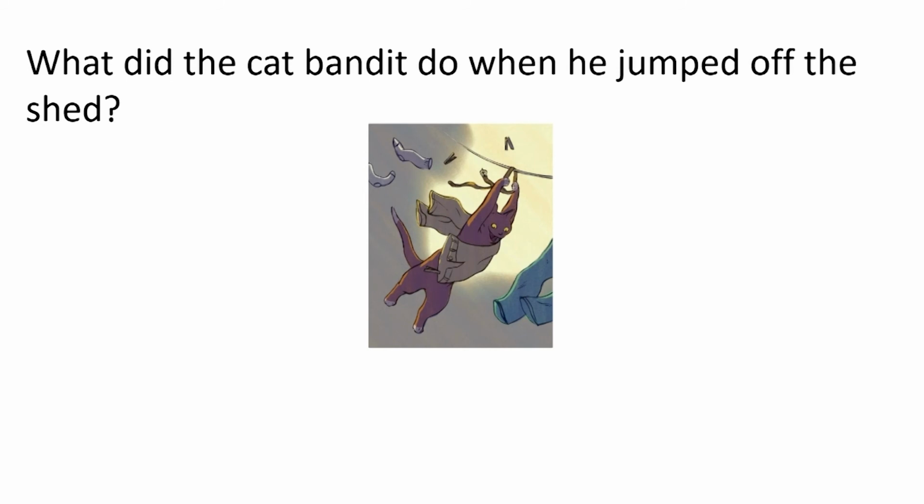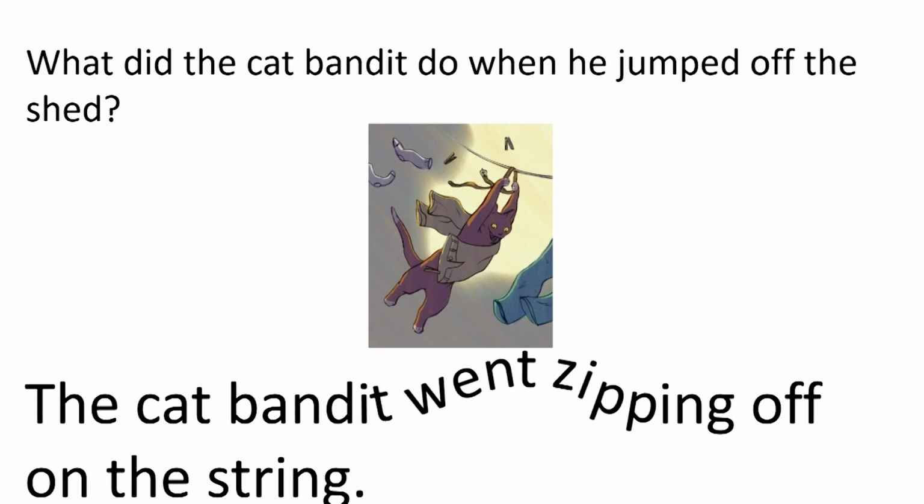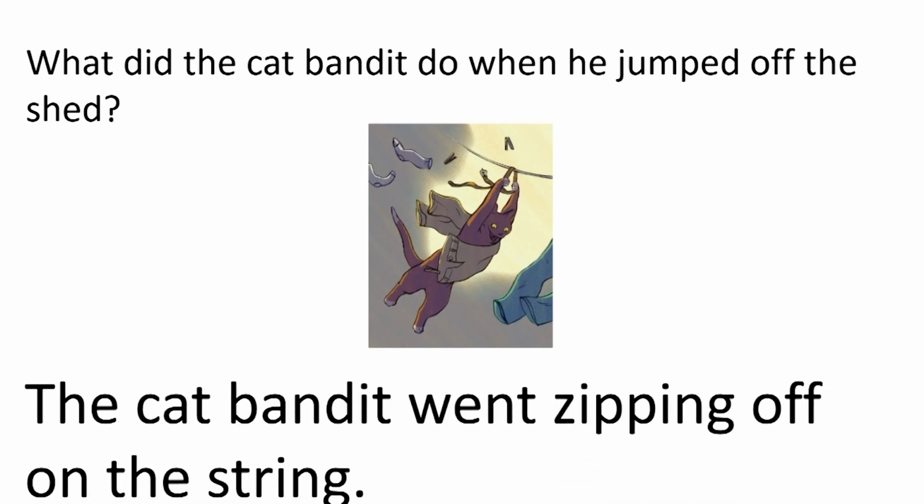Well, what is he doing? What did he do when he jumped off the shed? I think I heard someone say something about zipping. Yes. The cat bandit went zipping off on the string. You guys are awesome readers, and you're doing a wonderful job recalling the details.